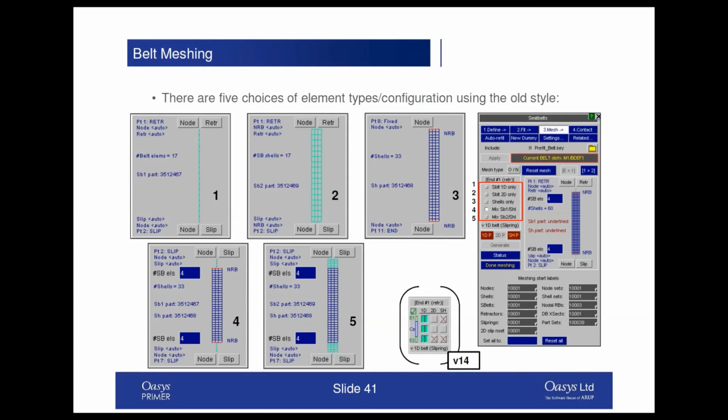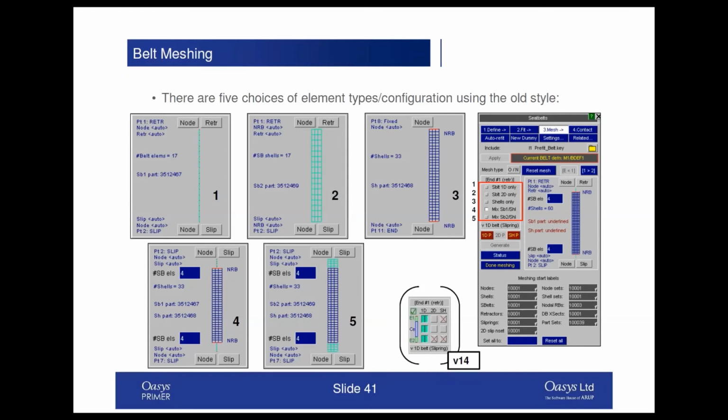So that's the old style of the menu. In version 14 we've adopted this matrix, and what this allows us to do is to combine different types of element for each segment. So we can have a mixture of 1D, 2D and shells within the same segment, giving more complicated definitions than what was previously possible. What you can see there, for example, is Primer is not letting us select the shells.